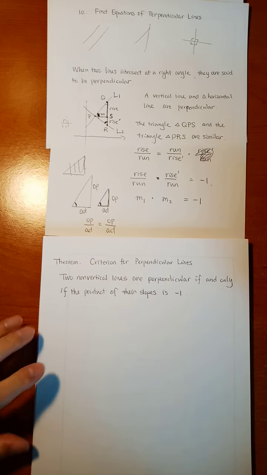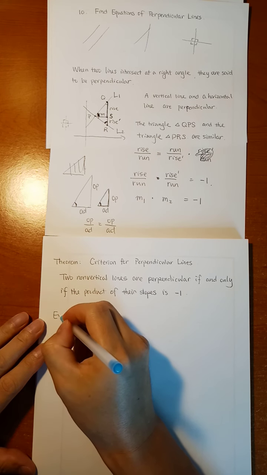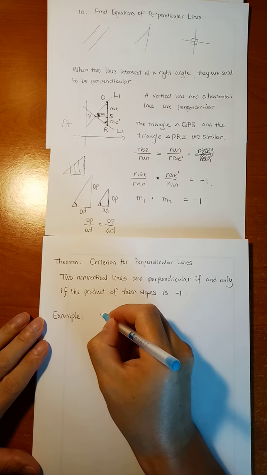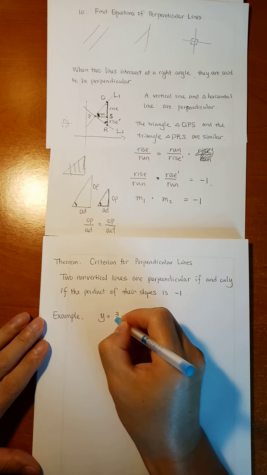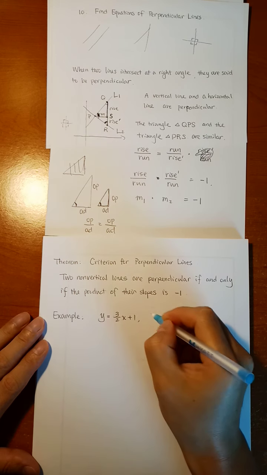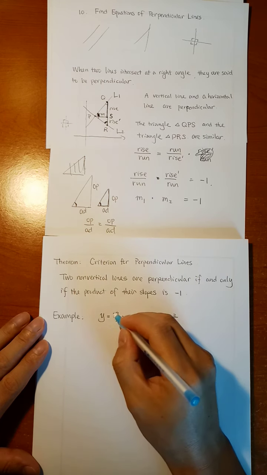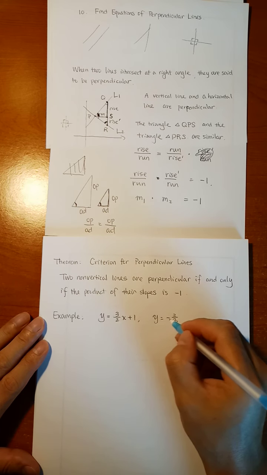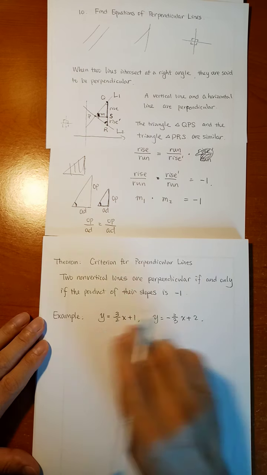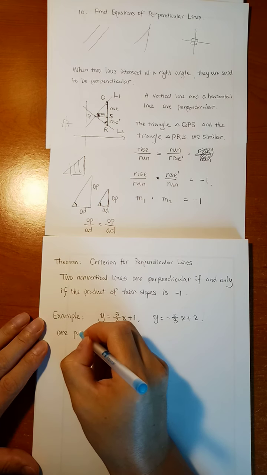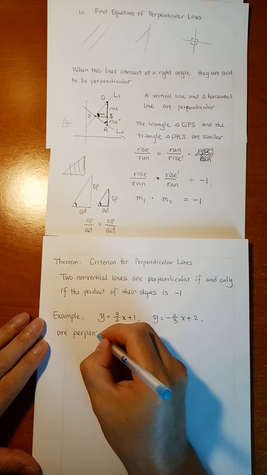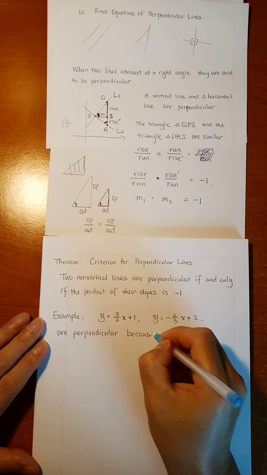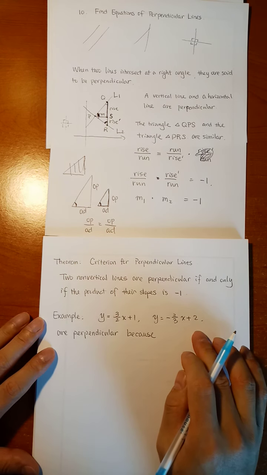That's a criterion. Clearly the simplest example is the following. If we have y equals 3 over 2x plus 1 and y equals negative 2 over 3x plus 2, these two lines are perpendicular, because both are in slope-intercept form.